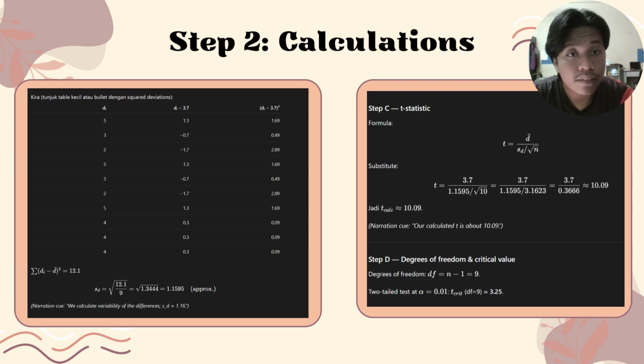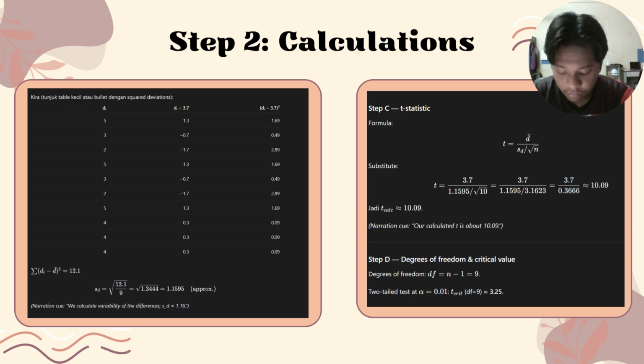If you understand the concept and already know how to calculate this, you could just go and count it. Just list the difference minus 3.7 squared. So we're going to sum it and we're going to get 12.1.